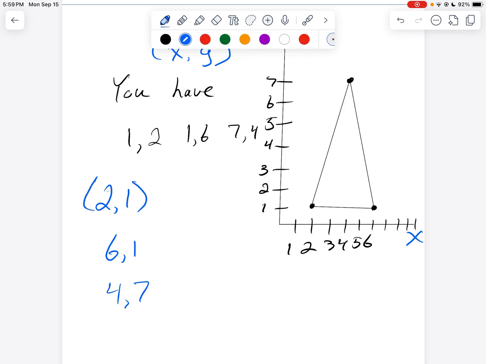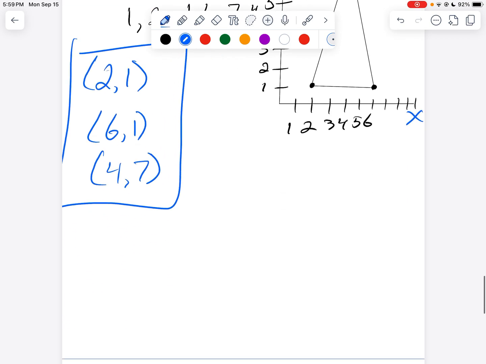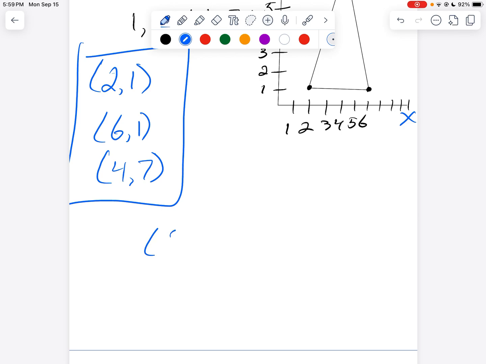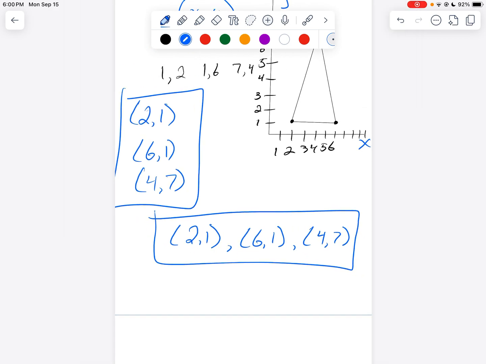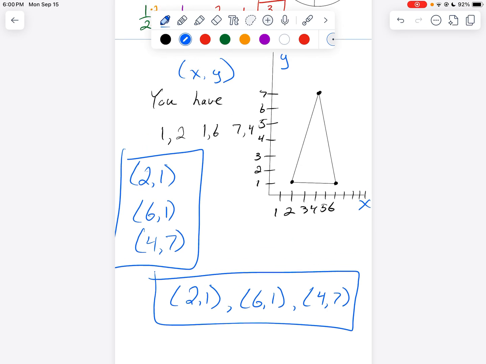You want to make sure that anytime you're talking about coordinate points, you include those parentheses. So I would say this is a good way of showing your final answer. Another way you could show it is just by putting a comma that separates all 3 of these coordinate points together, okay? Like I said, you had the right numbers. Unfortunately, you just put the wrong one first when it came to the coordinate point. And that should be it for this one. So hopefully this helps.